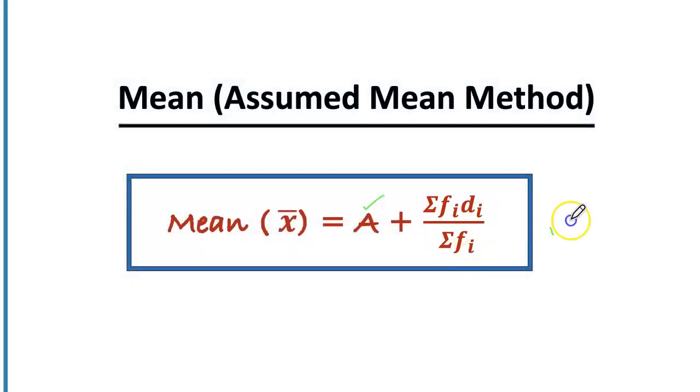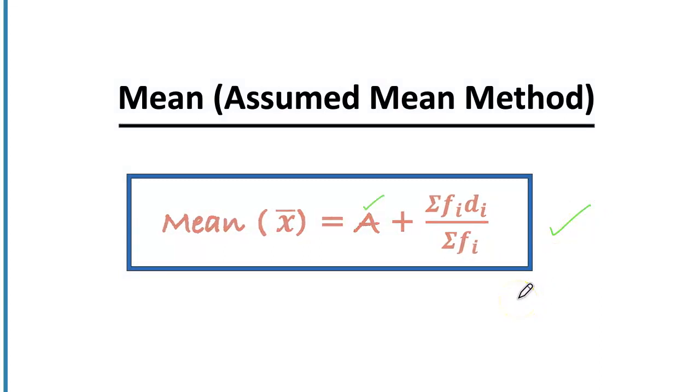Let us learn this by heart first. x bar equals a plus sigma fi di by sigma fi. So write and learn it.